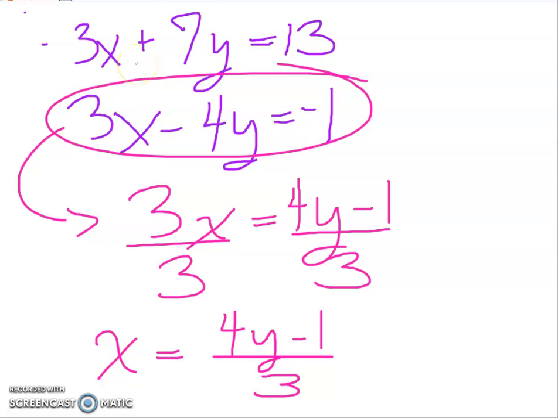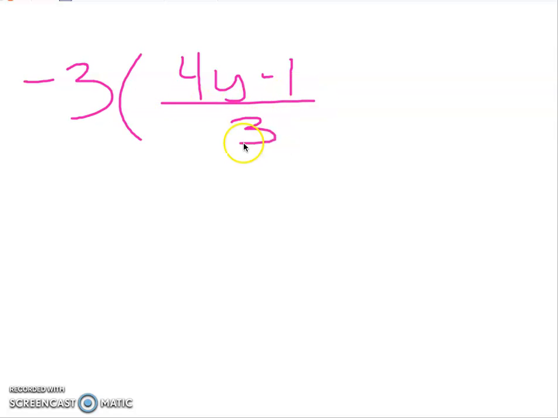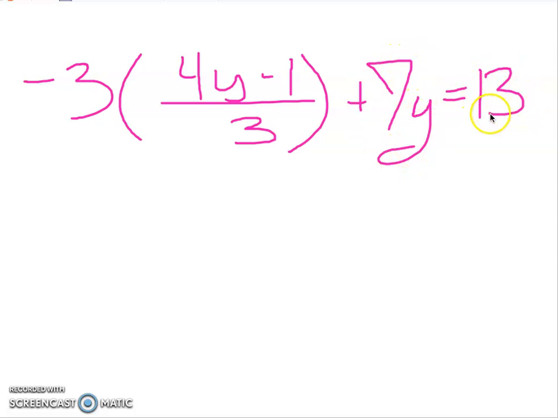And then things are going to get a little more interesting from there because we're going to be plugging in that fraction. So we're going to plug that fraction into the first equation, which was negative 3x plus 7y equals 13. We're going to substitute for that x as (4y minus 1) over 3 plus 7y, and that whole thing equals 13.